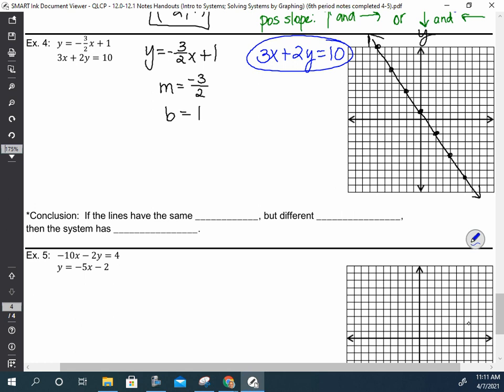You can't graph that until it's rewritten. How are we going to rewrite this problem? How do we rewrite this problem?